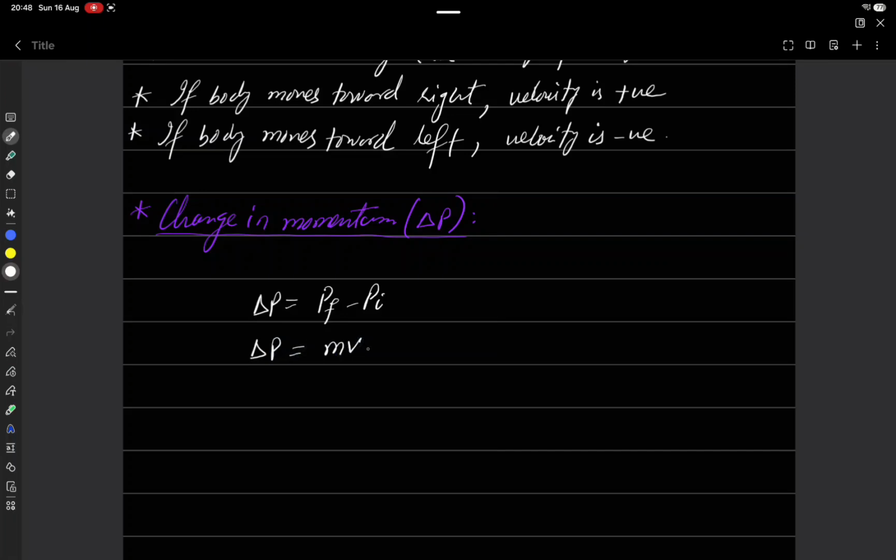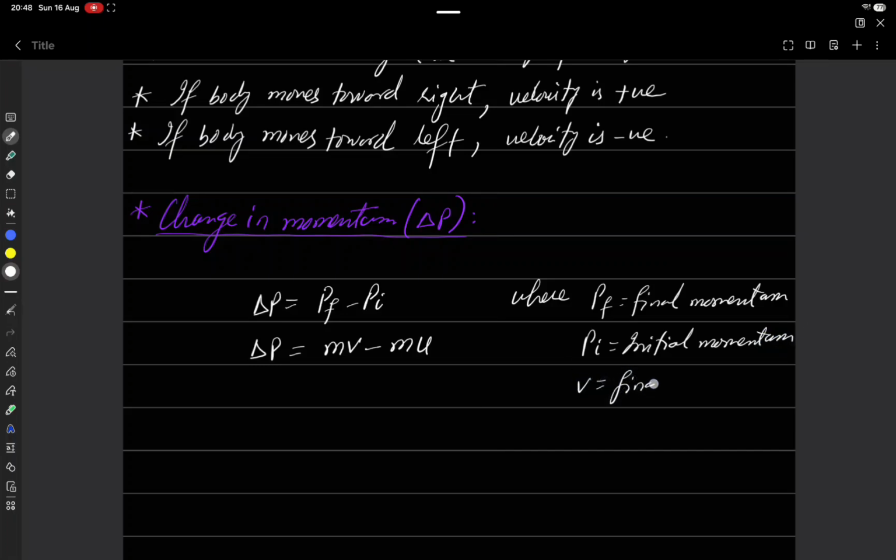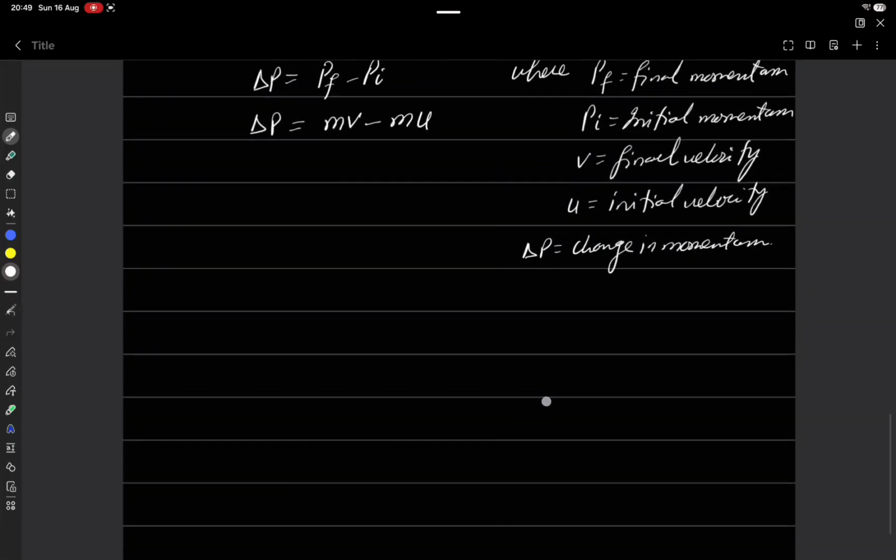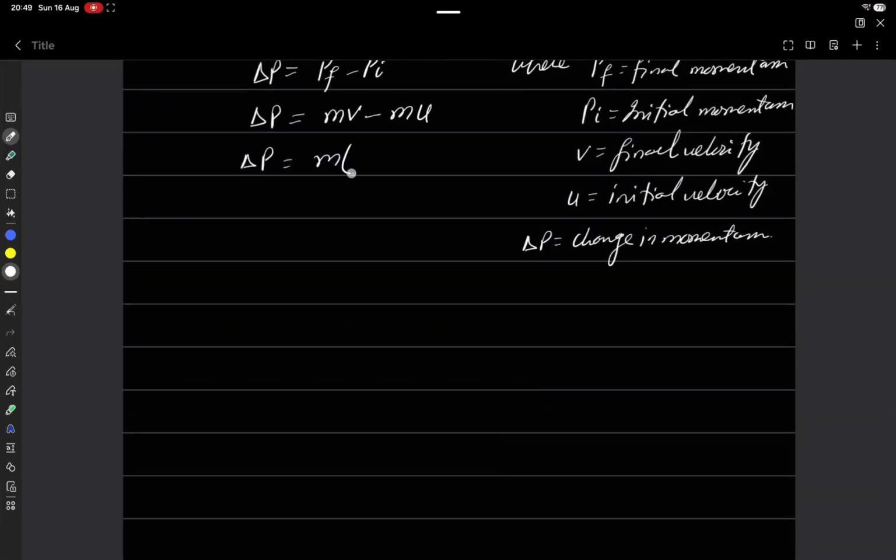Final momentum mass multiplied by velocity minus initial momentum, where PF is final momentum, PI is initial momentum, V is final velocity, U is initial velocity, delta P is change in momentum. So delta P is equal to mv minus mu.